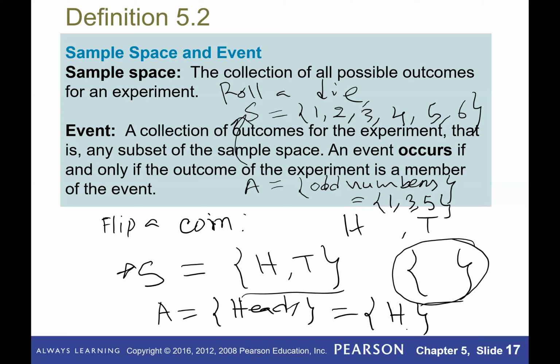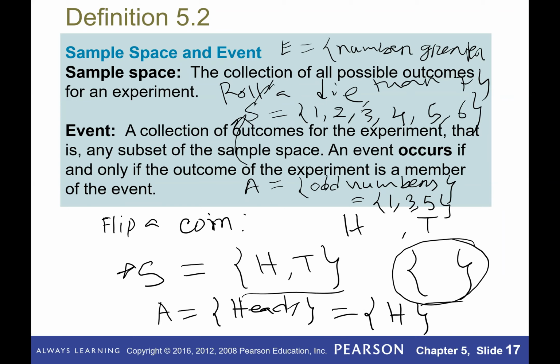If the event doesn't contain any element from the sample space, then that type of event is called a null event or empty set. So for example, if E is an event for this sample space, and this is the number greater than 7, there is no number in S which is greater than 7.